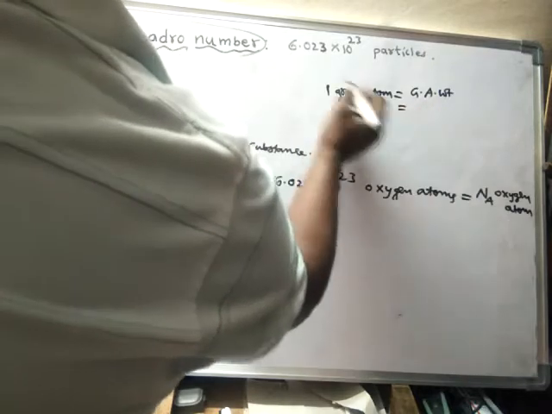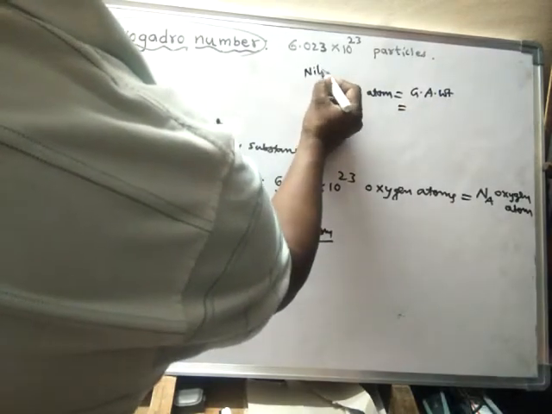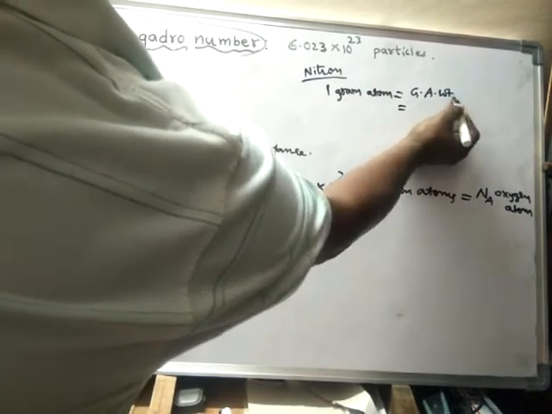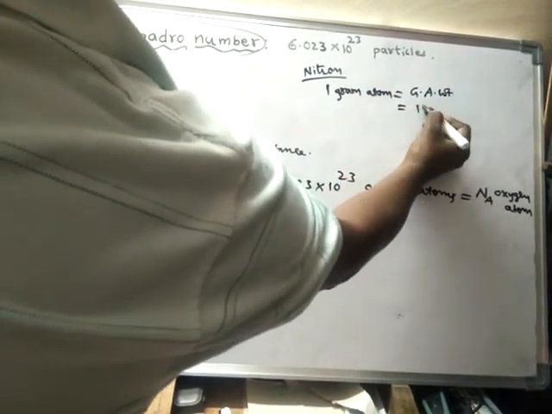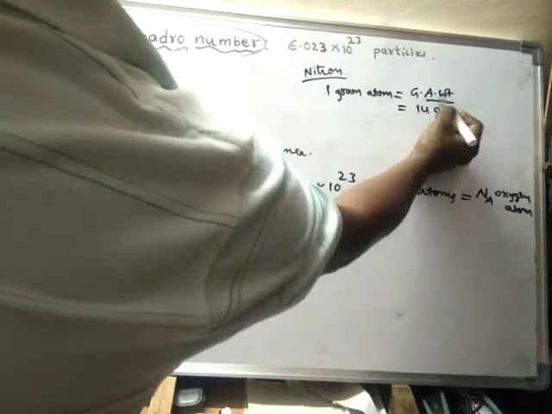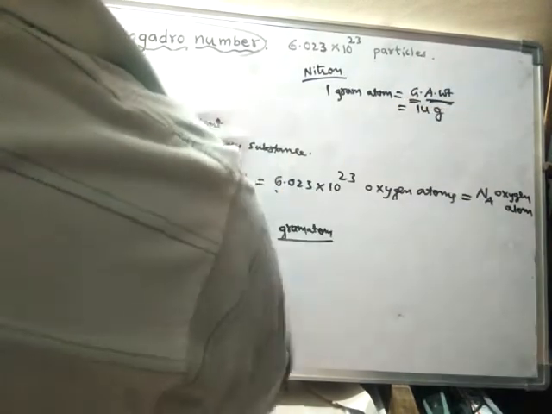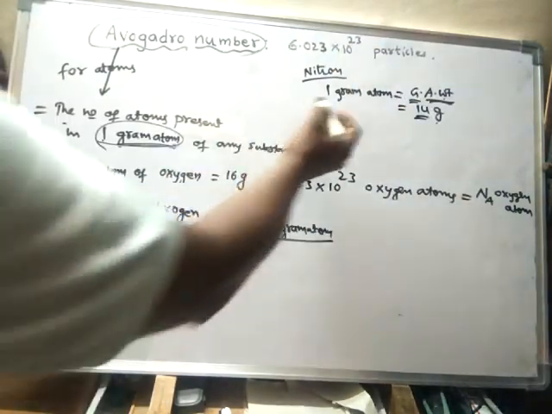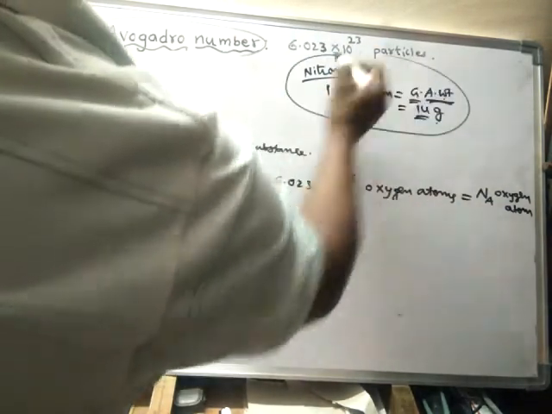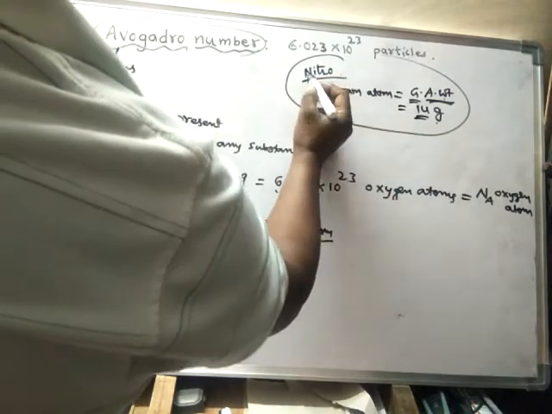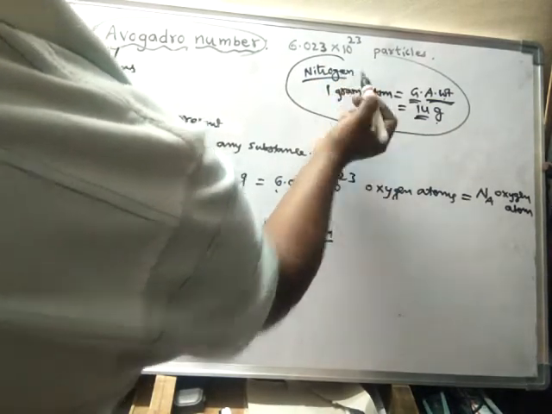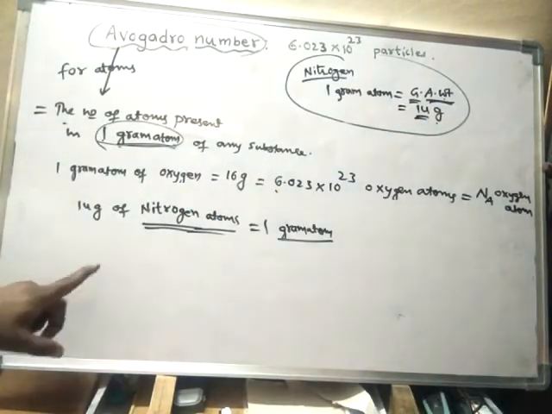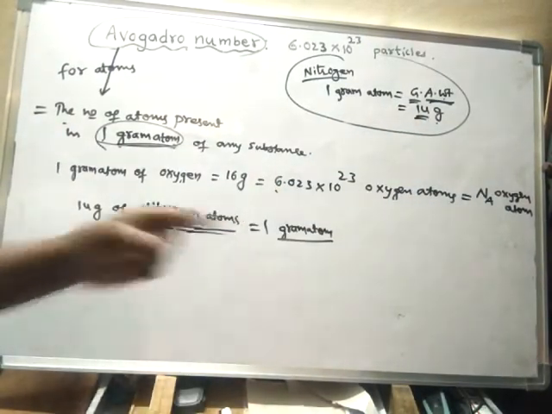For example, if it is nitrogen, 1 gram atom is equal to the gram atomic weight of nitrogen. So how much is it? It is 14 grams, atomic weight in grams. So 1 gram atom of nitrogen will be 14 grams. Here the question is 14 grams of nitrogen atoms.